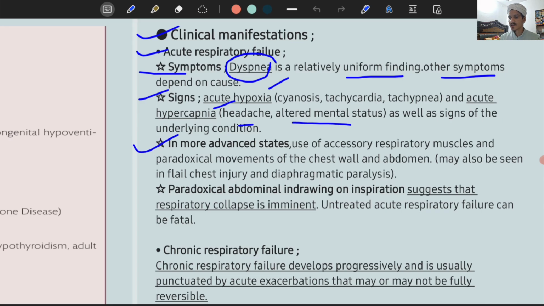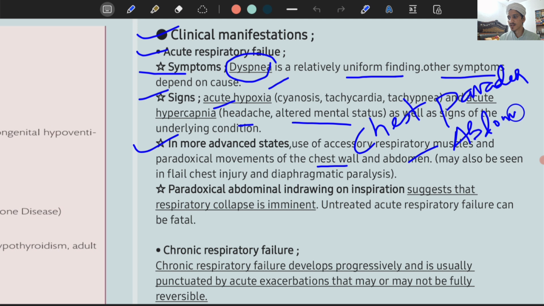In more advanced states, there is use of accessory respiratory muscles and paradoxical movements of the chest wall and abdomen. What is paradoxical movement of the chest wall and abdomen? That is called chest paradox and abdominal paradox if they are separate.